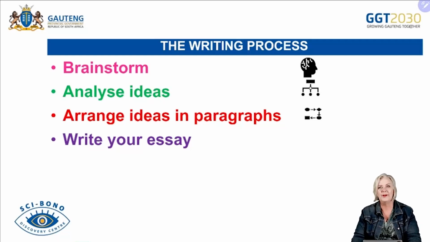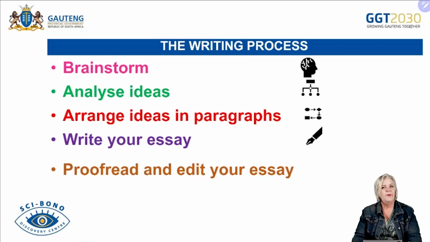And then you write your essay. Very, very important. The last step in your writing process is to proofread and edit your essay. That is the moment where you identify a sentence perhaps that doesn't make sense, or you look at spelling. You look at improving your punctuation to make what you say more effective.